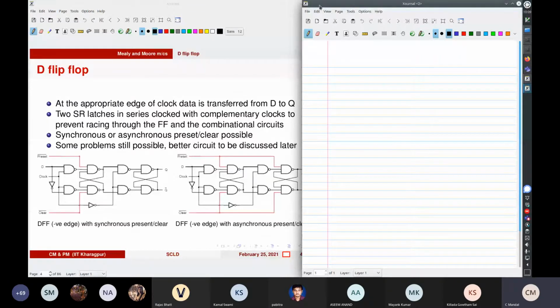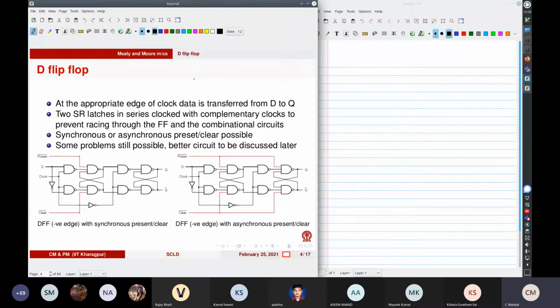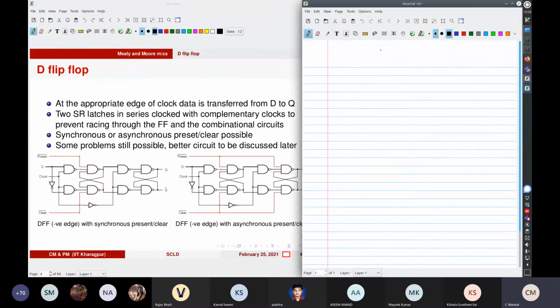Alright. Now, what we also discussed is that central to the operation of these finite state machines is a storage device.